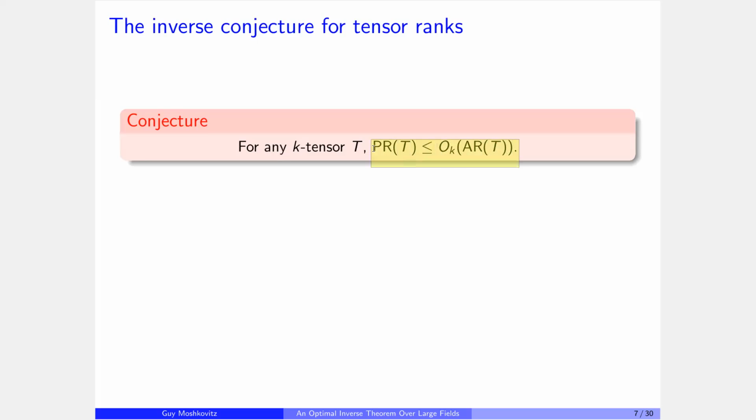Because for this statement to be true, it says that if your tensor is biased, so if your tensor has some number of zeros, then automatically that can be explained by a global structure, so you can express T exactly as the sum of a few simple pieces, partition rank 1 pieces. So this is a very surprising conjecture, right? Just because of something about the number of zeros, you can immediately deduce something about the structure of the entire tensor.